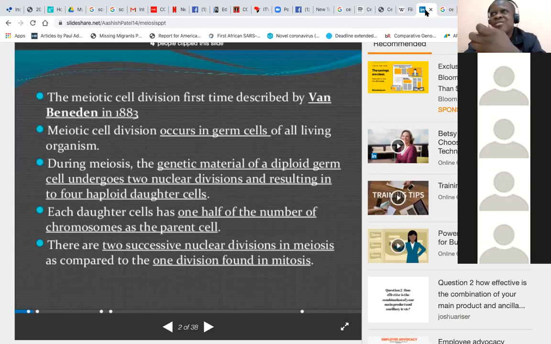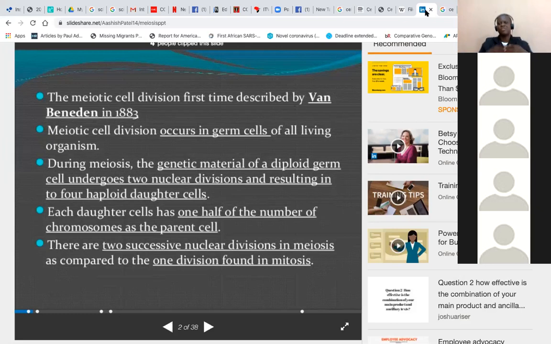At the completion of a single round of mitosis, we'll have 2 daughter cells from a parent cell. But at the end of meiosis, we'll have 4 daughter cells. So the number of resulting daughter cells differs between mitosis and meiosis.